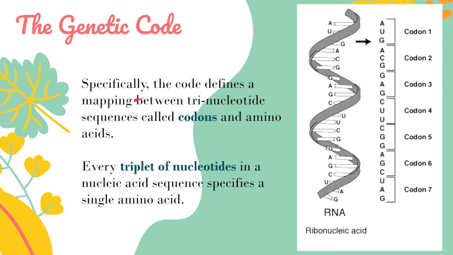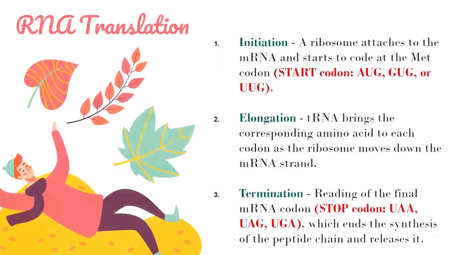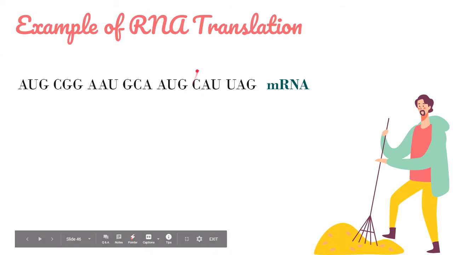The code defines a mapping between a trinucleotide sequence called codons and the amino acids they create. Each triplet of nucleotides specifies a single amino acid. So these three letters will become one codon that corresponds to one amino acid. They are always read or grouped by threes. So we call that codon.